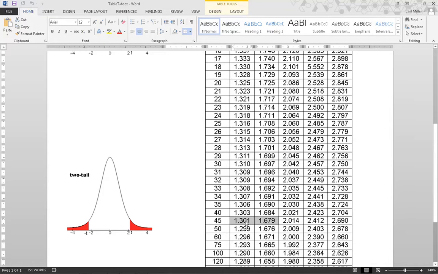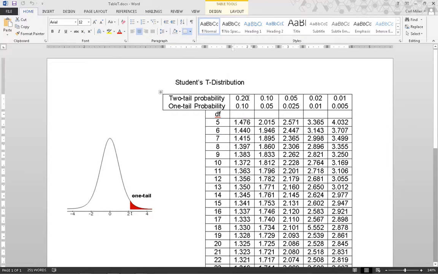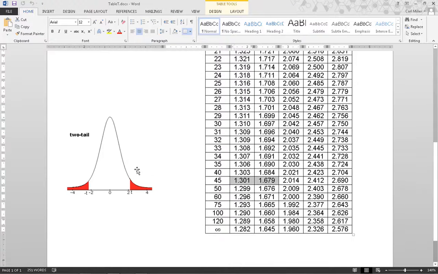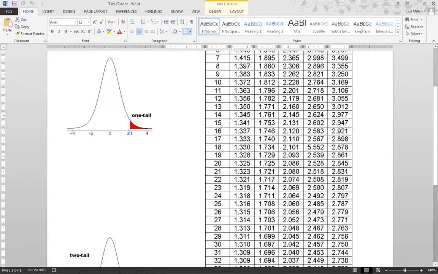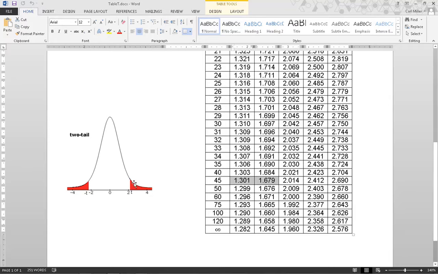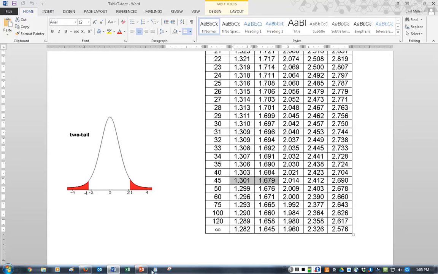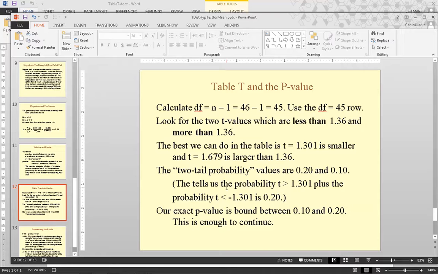So the 1.301 tells me 0.20 would be the part in red, and the 1.679 says 0.10 would be the part in red, or the two-tail probability. So I know the p-value I want for a t-score of 1.36 or negative 1.36 is somewhere between those two numbers, 0.10 and 0.20.